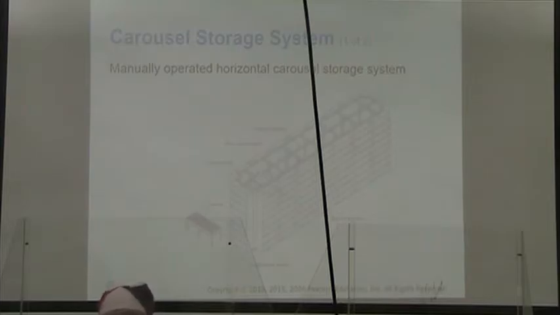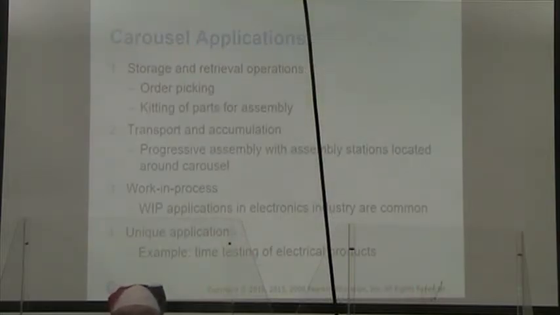Right, so in other words, there could be assembly stations along the side here. Ordinarily, what we would do if we only had one load-unload station is we would actually have the rest of the carousel covered, to avoid any safety issues.